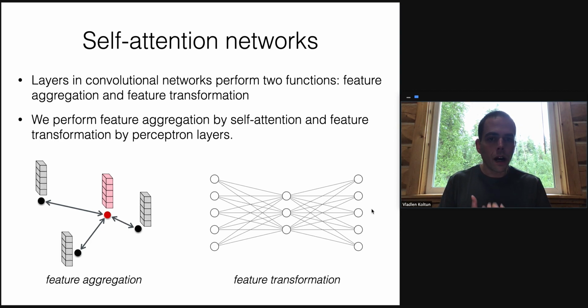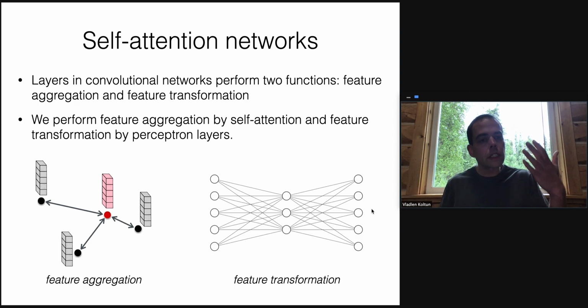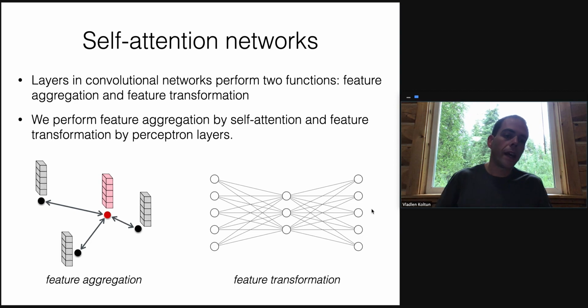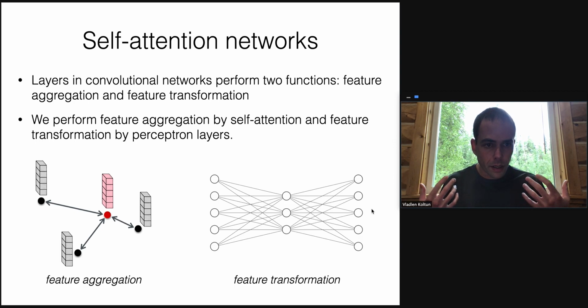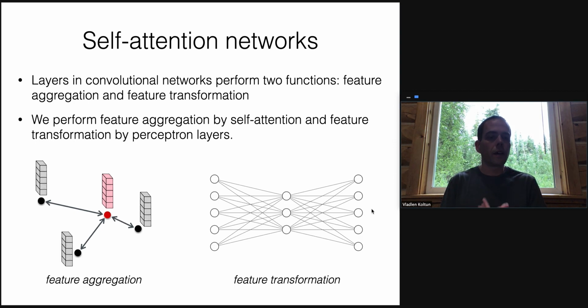The second type of processing that the convolutional layer performs is feature transformation, which introduces nonlinear decision boundaries into the decision space, into the feature space. Usually in convolutional networks, these are bundled together. So we have a convolution operator followed by nonlinearity. This bundle of processing performs both feature aggregation and feature transformation.